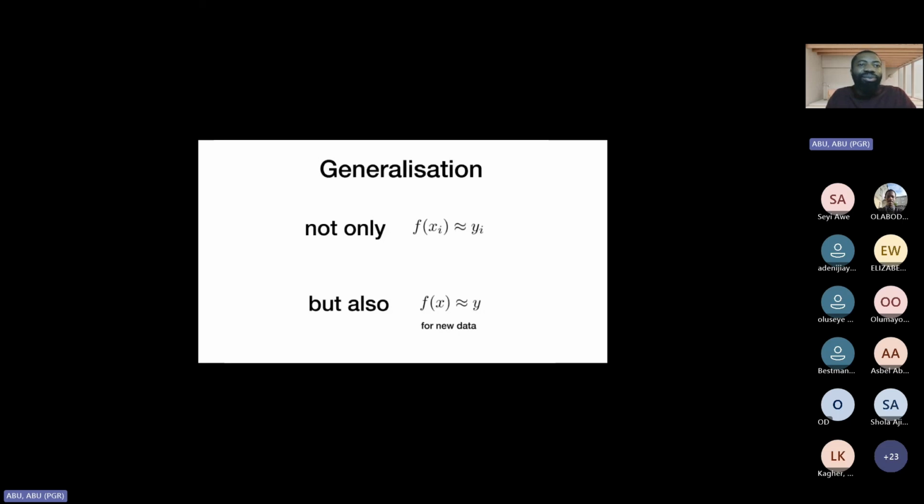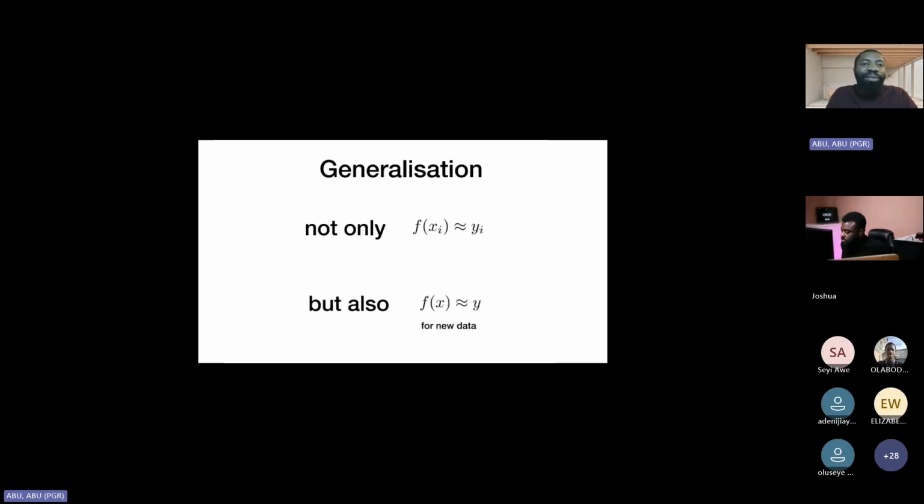Is the machine going to give you an appropriate guess based on what it has learned from the initial pool? I don't know if that is clear. So you're not looking at individual instances, that's f of xi now, but you're looking at f of x for the entire set of new data. Can that machine give you appropriate guesses or predictions?